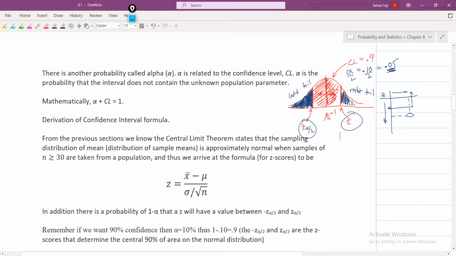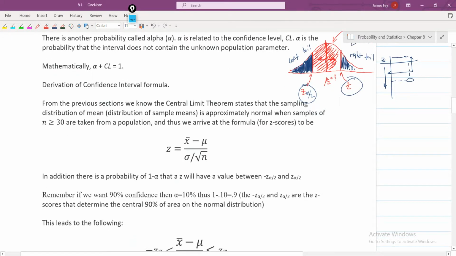So one thing that we need to know, obviously that's the formula for z-scores. It says, in addition, there's a probability of 1 minus alpha that the z will have a value between negative z sub alpha over 2 and z sub alpha over 2. What that means, if I choose my confidence level, let's do it this way: confidence level plus alpha should equal 1.